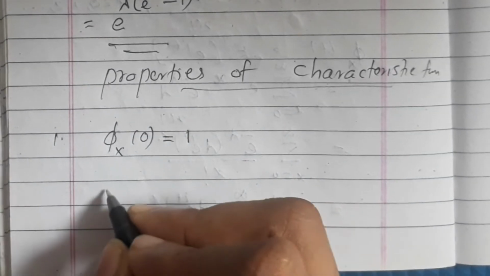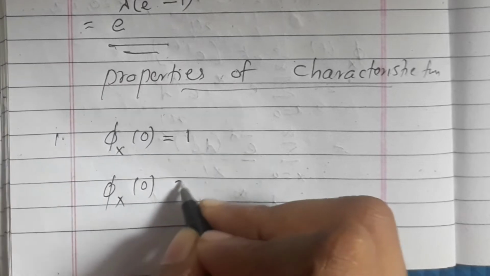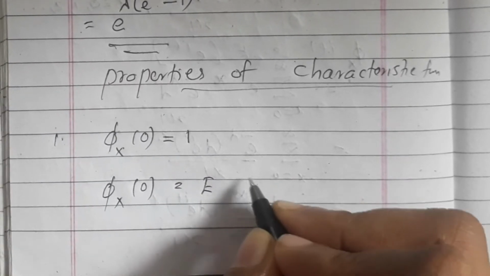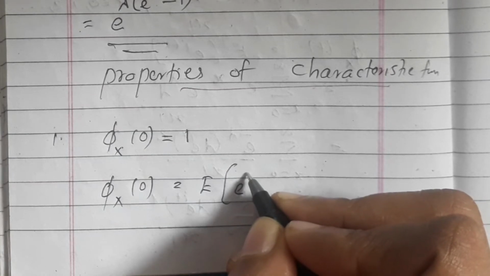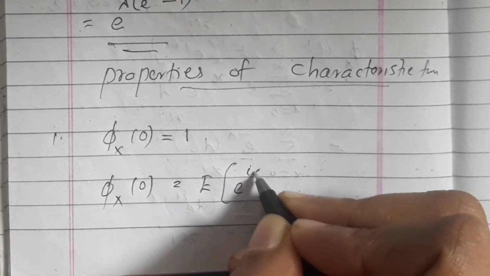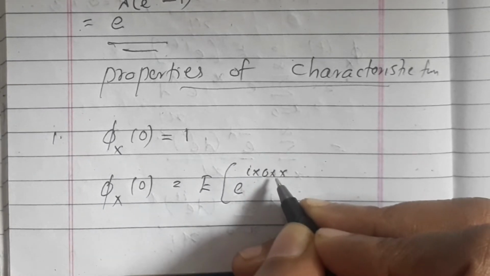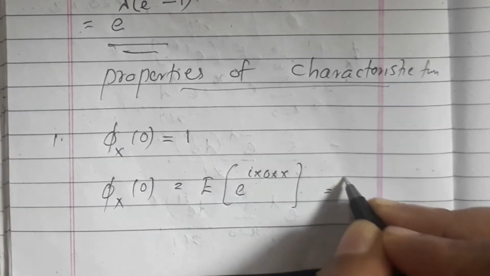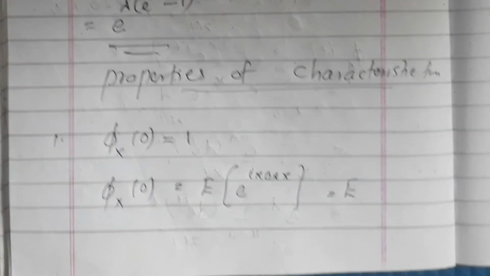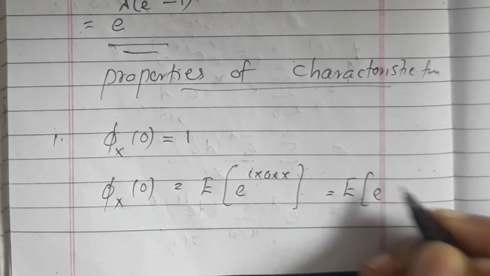So phi x of 0 is, by definition, equal to expectation of e raised to i into 0 into x, which is equal to expectation of e raised to 0.